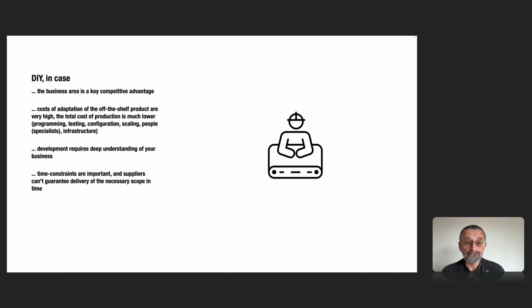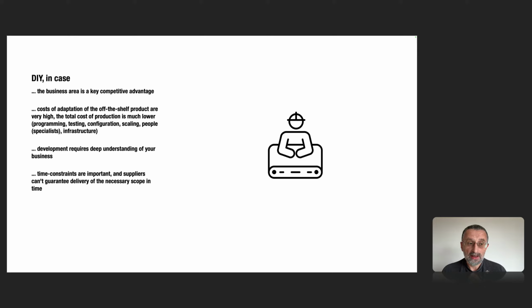So do it yourself in case the business area is a key competitive advantage, so it's specific to your business, or because of security. That's the reason to build something from scratch.